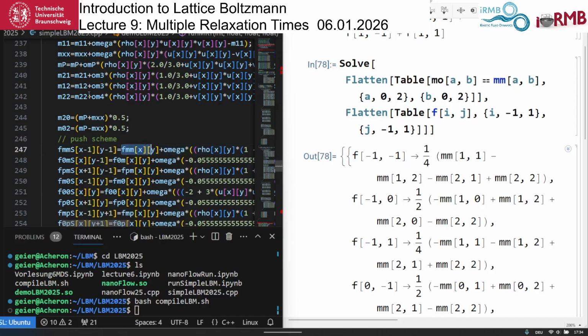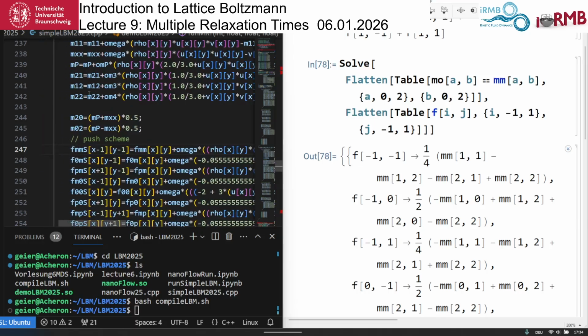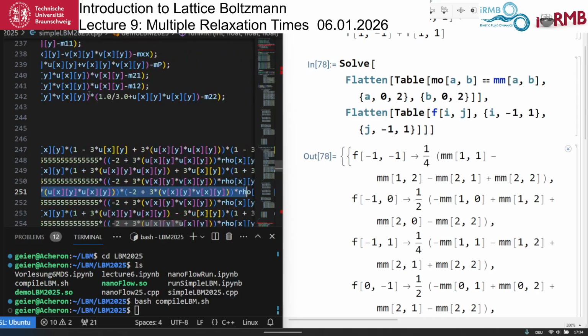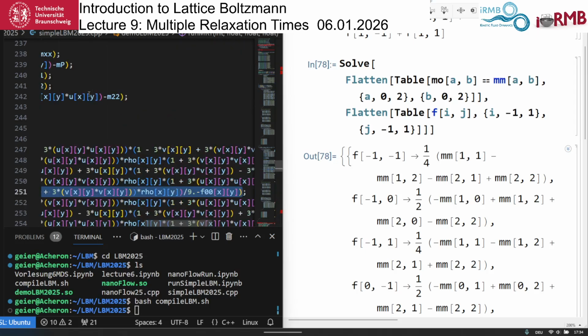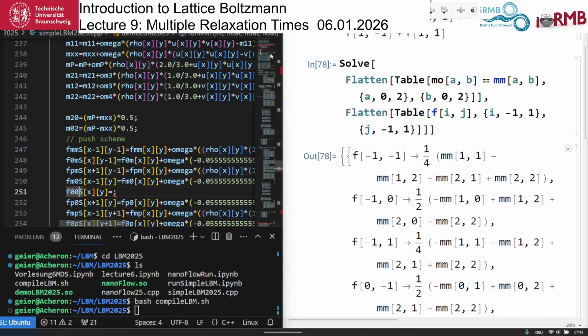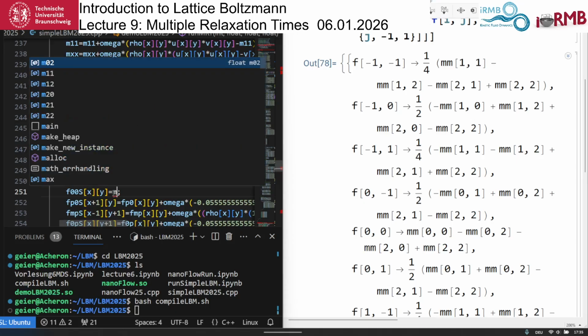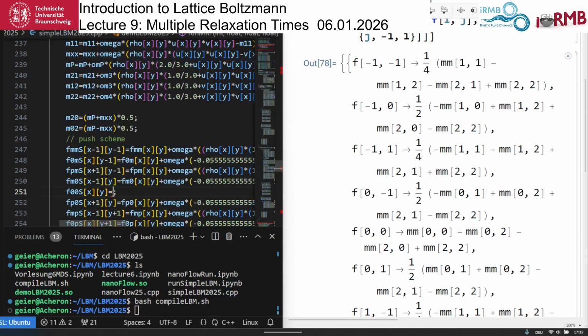So then what is happening here? I have a tendency to start with 0. Let's start with 0, right? So the 0 is this one here. Unfortunately I'm not able to copy this properly. This would be M0, no, okay, wait.